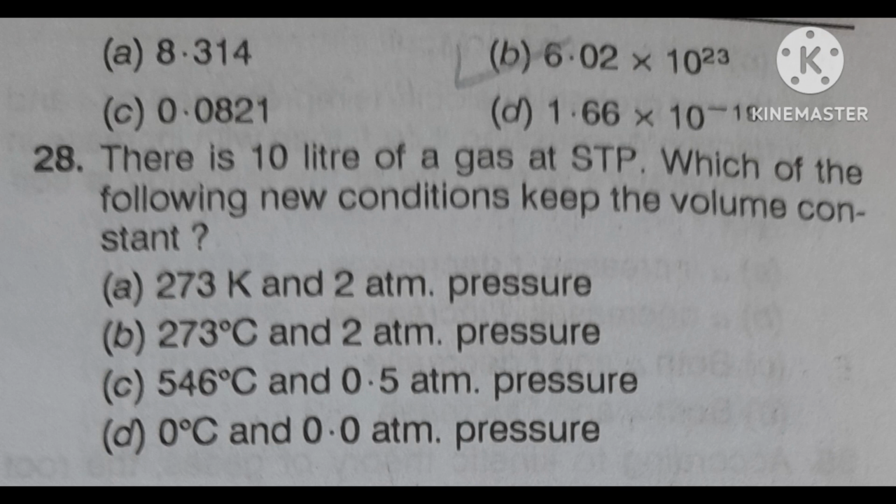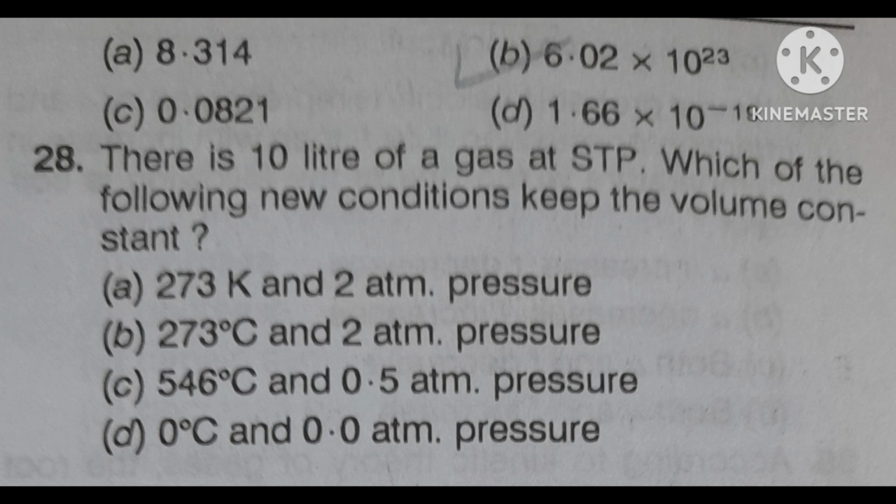First option 273 K and 2 atmospheric pressure. Second option 273 degrees centigrade and 2 atmospheric pressure. Third 546 degrees centigrade and 0.5 atmospheric pressure. And fourth 0 degrees centigrade and 0.0 atmospheric pressure.